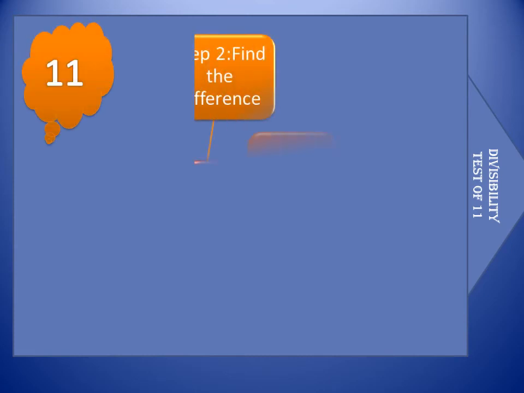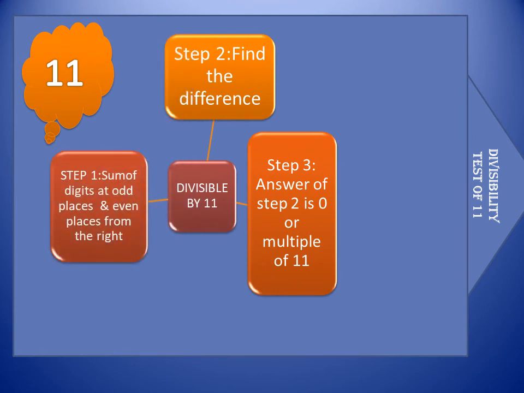Now, let us see the divisibility test of 11. It's quite interesting, the divisibility test of 11. We follow 3 steps to get the answer. In the first step, we find the sum of the digits at the odd places.